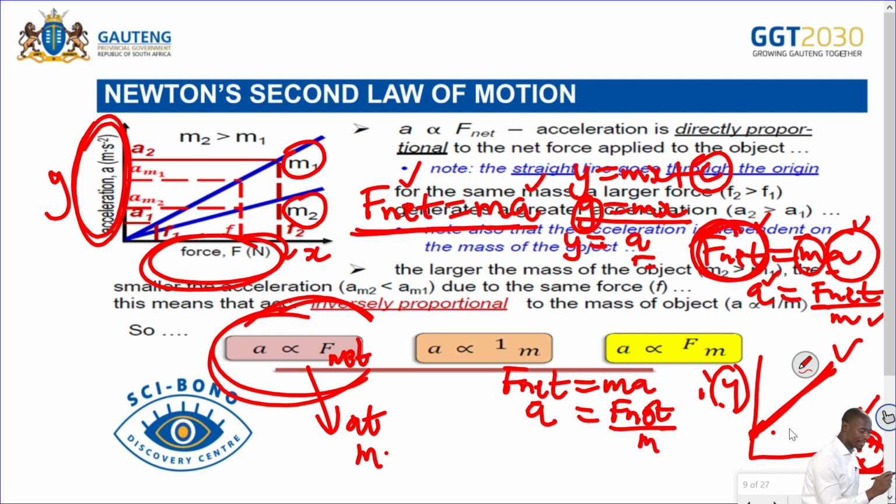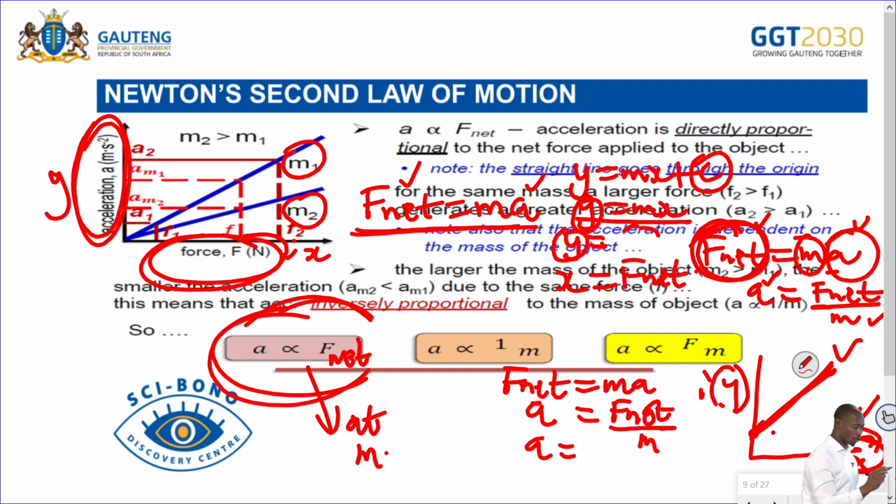So then this will be A. Our x should be the net force. Our A is y, and our x is the net force.